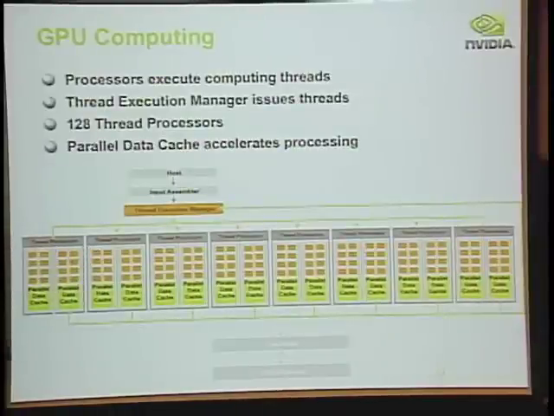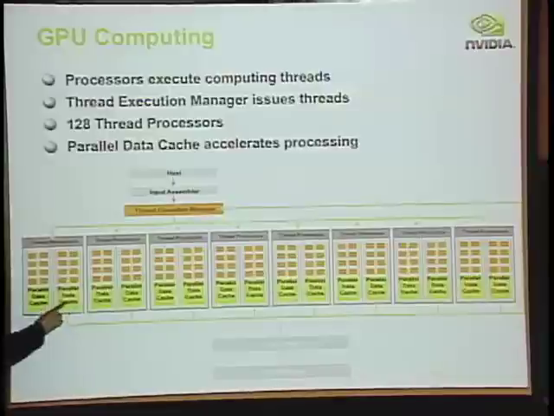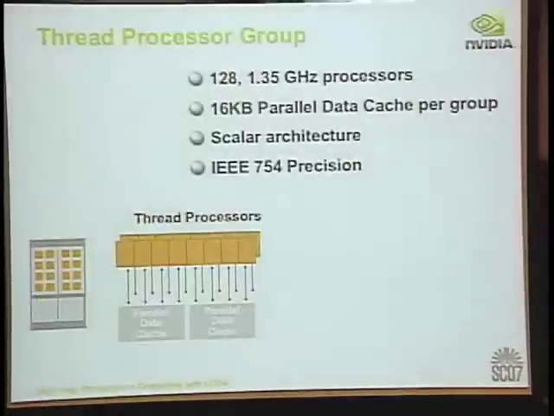Okay, so the promise CUDA makes you is your block will get assigned to some multiprocessor, but it doesn't tell you which multiprocessor, and it doesn't tell you which order it's going to go in. All right, so if we look here, there's what's called a thread processor group here, and it has 2 multiprocessors in it. So here's what those look like. This is a multiprocessor, this is a multiprocessor.